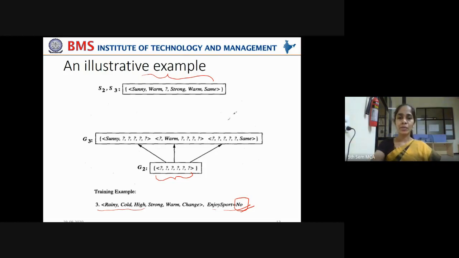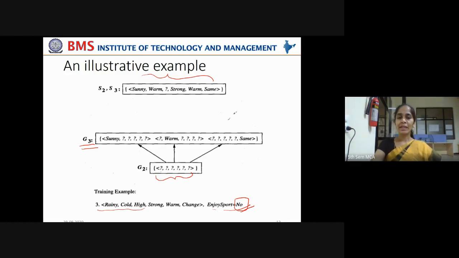So what is your most general hypothesis so far? G2, again it has all question marks, meaning no modifications have been done so far. Now because the training example's outcome label is no, what changes do you have to make to the general hypothesis here?